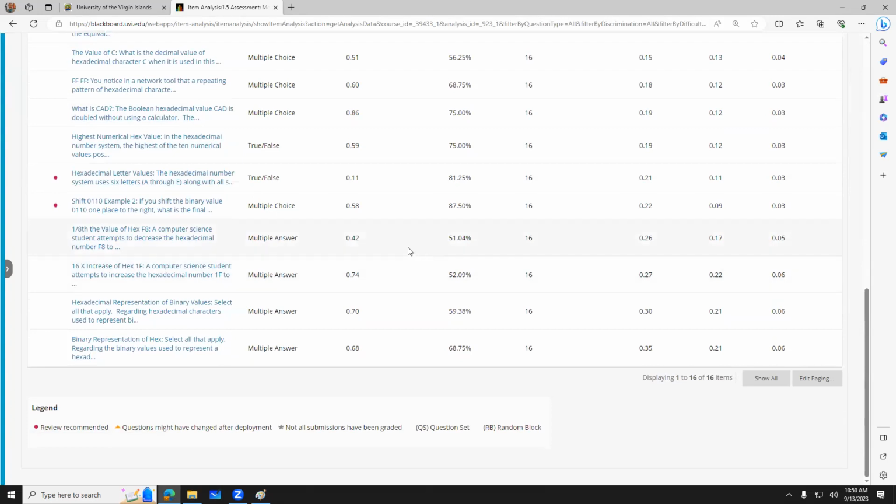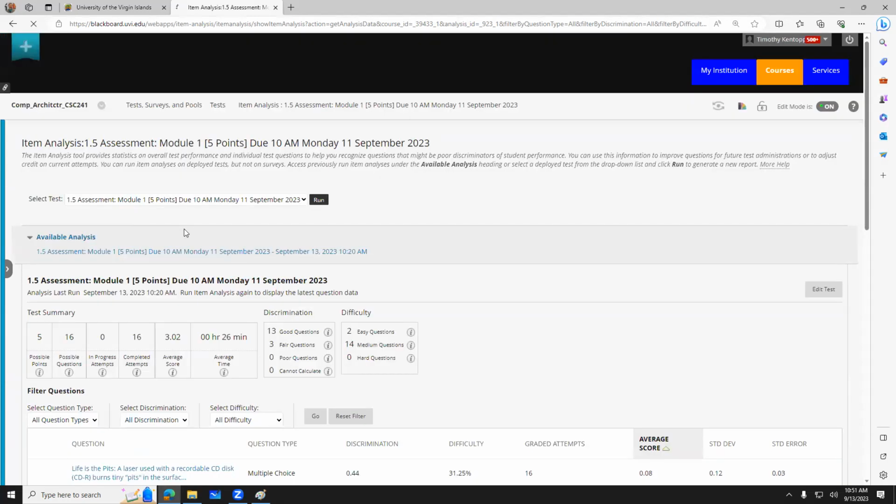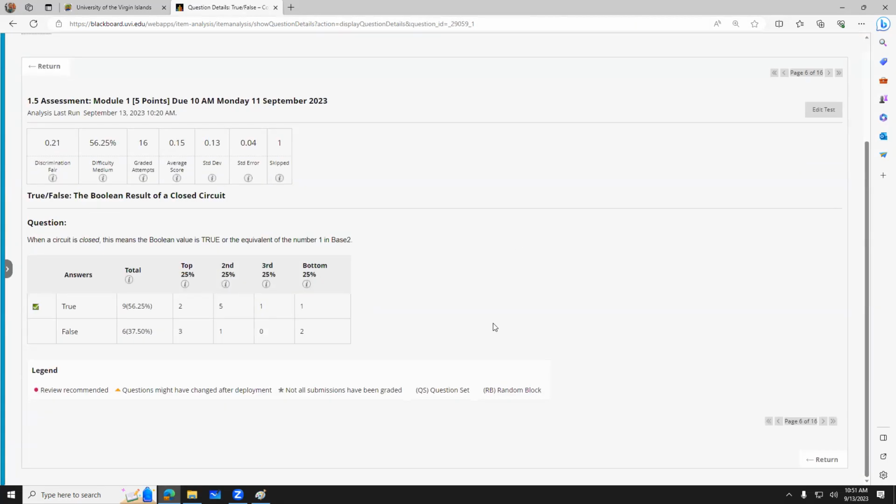I'll post the reconciliation. Professor? Yes. Yeah, actually, I forgot that we went past it, but I forgot to ask about the true and false with the closed circuit. I'm just a little confused because in your study guide, when it talks about Boolean, you have on, off, yes, no, true, false, open, close, and 1, 0.